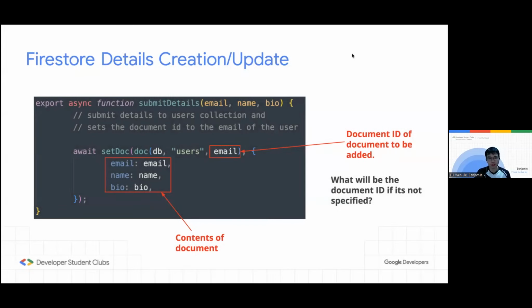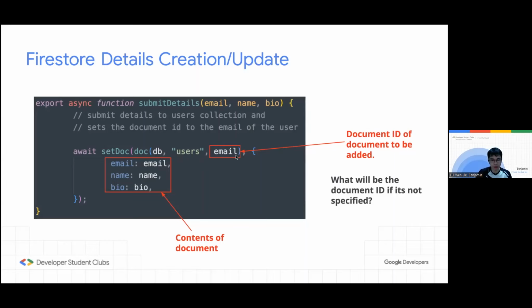For the Firestore creation and update, what we'll do is actually set the documents. So it will first take in an email, a name, and a bio, as seen in the document contents on the previous slide. In order to update this, we call the database from earlier, and then we want to add it to the users collection.